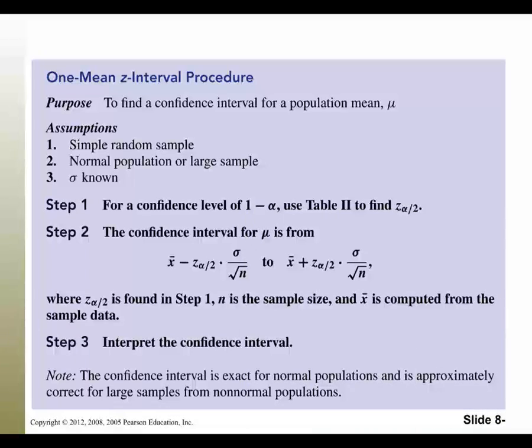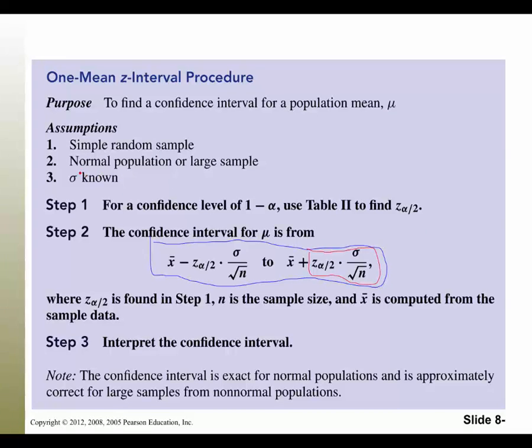Okay, so then there it is again. So there's our confidence interval, from the min to the max, and then here's our margin of error. And remember, these are the conditions that have to be met.